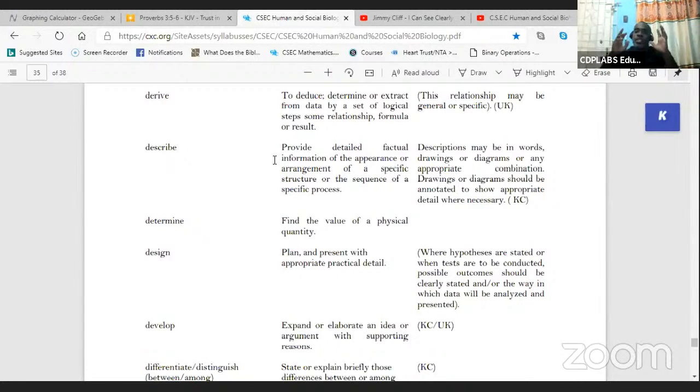So you are stating step by step a particular process or structure. For example, if you're describing breathing, you have to talk about what happens first, what happens second, what happens third, etc. When you're writing it, as we say, first, this happened. Secondly, this happened. Thirdly, this happened. Then this happened. And finally, this happened. That's how you should write your answers.